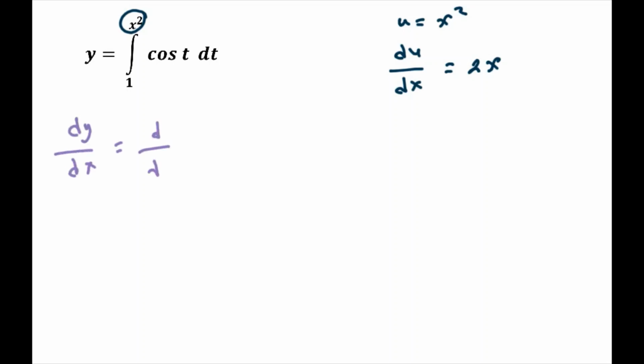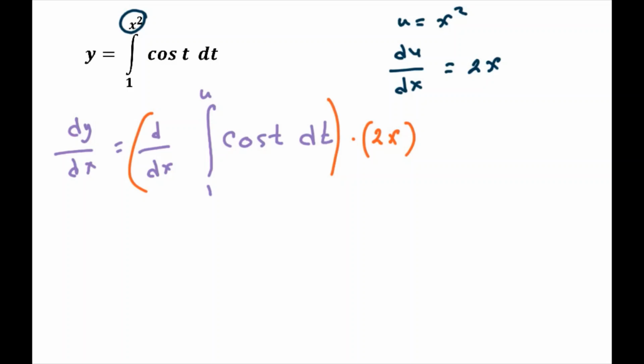Now what about this question here? I don't have x, I have x squared. So we are going to use the substitution method. I'm going to say u equals x squared, so du over dx will be equal to 2x. Then dy over dx equals d over du of the integral from 1 to u of cosine t dt, multiplied by the derivative of u, which is 2x.